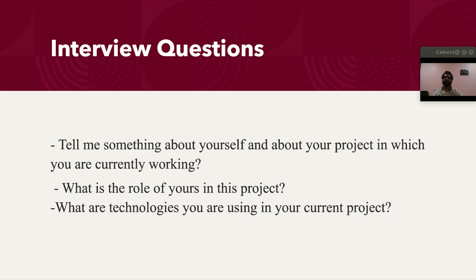The next question was, what are the technologies you are using in this current project? So basically you have to tell the names of the technologies which are used in your current project, but you should remember one point, that you should only mention the technologies which are known to you and on which you have very good knowledge.